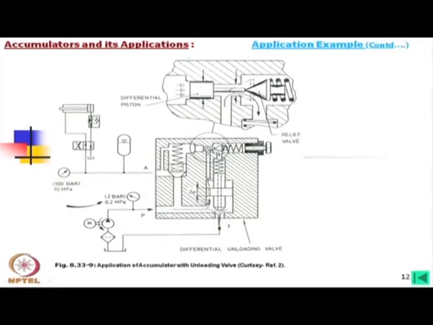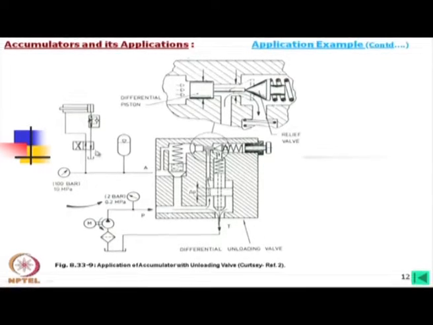In that case, the oil is going through this place, and there is a differential piston. That means, this side is a very small pressure and this side we can assume there is no pressure. So, this will move in that way, and this oil is going to the tank completely.